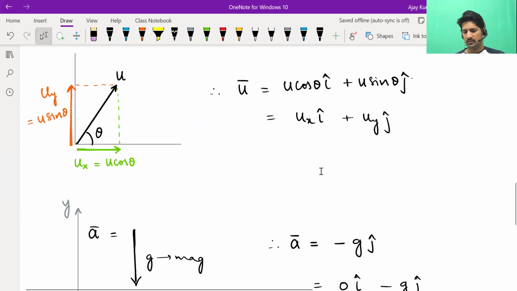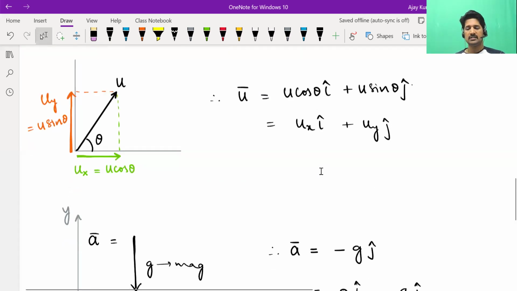How much was the velocity in the x direction initially? It's on the screen. ux I cap, sir. U cos theta I cap or ux I cap, correct.